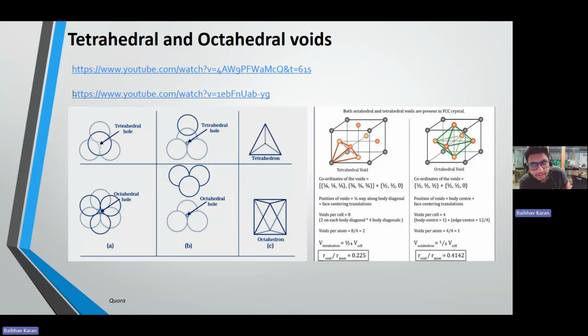Then we discussed where the octahedral and tetrahedral sites are present in case of BCC and FCC materials. Then we discussed the ratio of the radius of the void to the radius of the atom in case of both FCC and BCC crystals, in tetrahedral and octahedral voids.